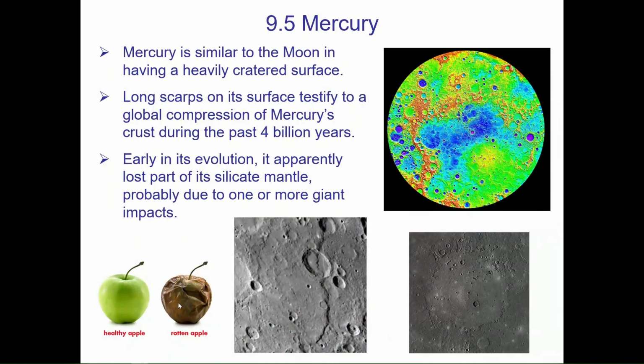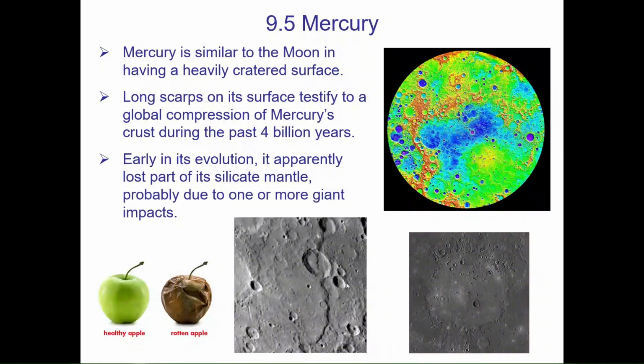As a result, the surface will start to form a lot of folds or wrinkles. And we believe that, similar to the folds on the rotten apple, the long scarps on the surface of Mercury are due to the shrinkage of the interior. So the interior becomes compressed, and the surface is left with a lot of folds.